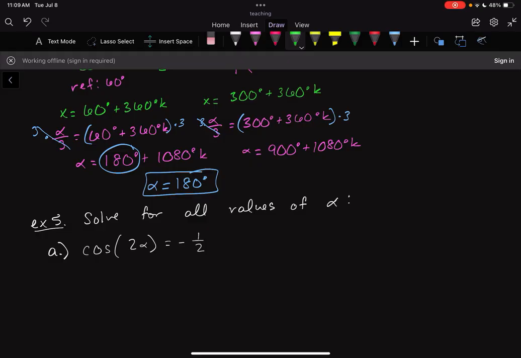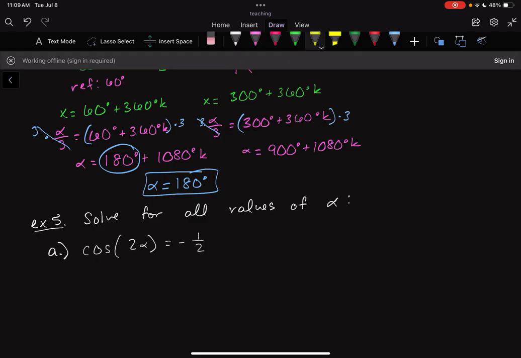Sometimes this can actually work, and sometimes it doesn't. So I would be very, very careful about doing that. I want to show you what I mean. So there's three options for the cosine double angle identity.